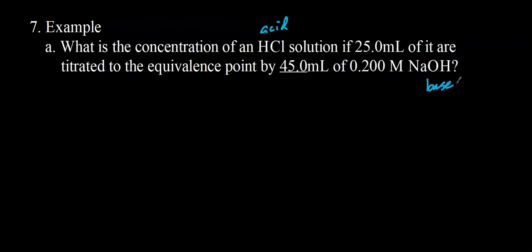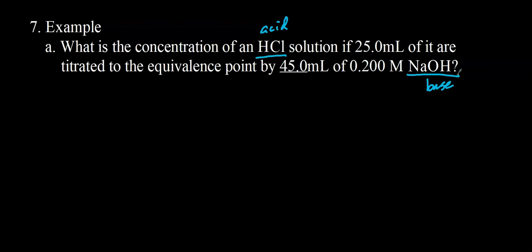So I suppose what we want to do first is determine the stoichiometry of this reaction. More often than not, the reaction will occur in a 1-to-1 ratio. We don't have to write the balanced equation unless it asks for it. So what we see here is we have a monoprotic acid, 1 hydrogen, and a group 1 hydroxide, and so this reaction will occur in a 1-to-1 ratio.